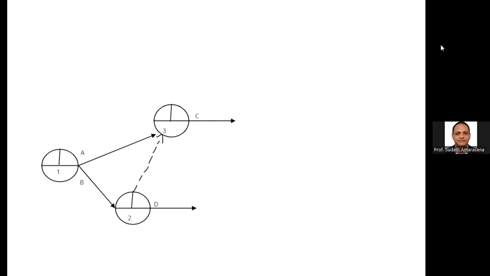If you want to start E, what did the question say? We should complete activity D. You already started D, not complete yet. Now we can complete D first. Then we can start activity from that event.